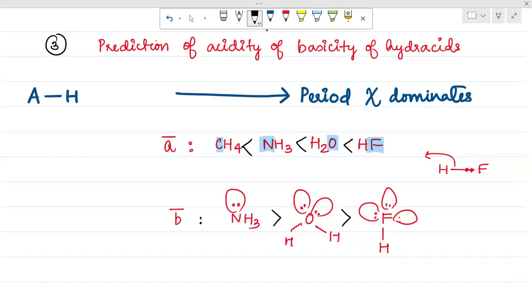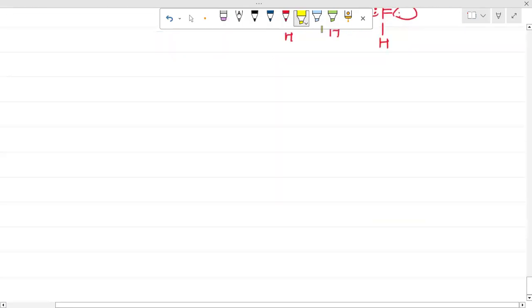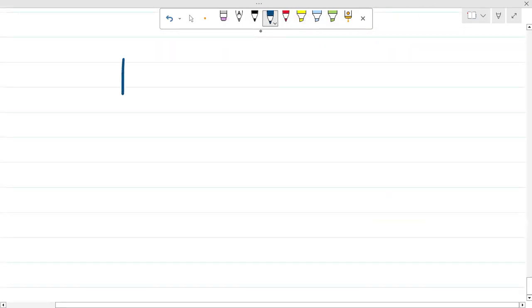So along a period, whenever you check the acidity or basicity of the species, you have to take electronegativity as the dominating factor. But let's say you go down the group.